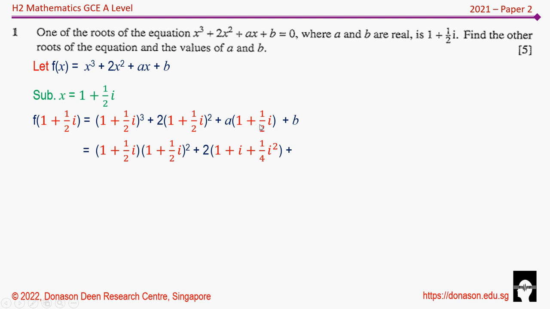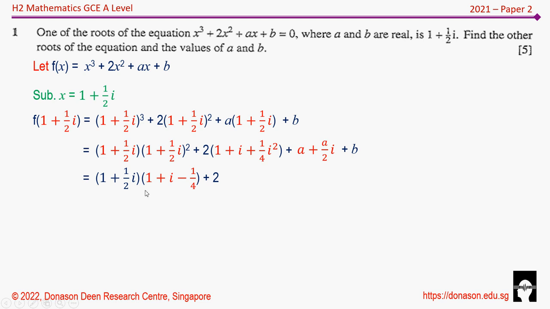But anyway, the next one is a very simple step. a times 1 is of course a, and a times half i becomes a over 2 i, and the plus b I just copy down as it is. Now this part, 1 minus 1 quarter becomes 3 quarter, so I will simply replace this with 3 quarter plus i. 1 plus half i I didn't touch.